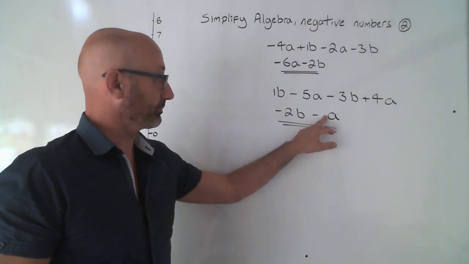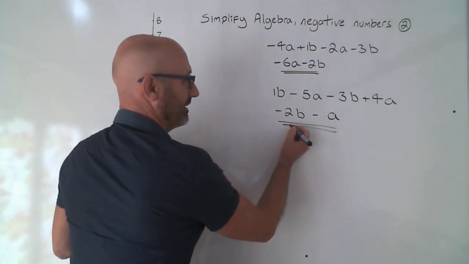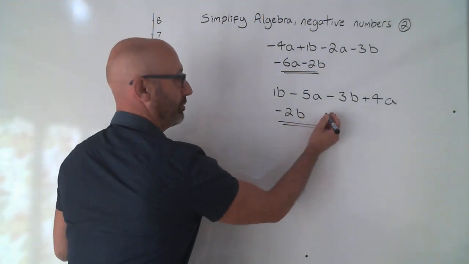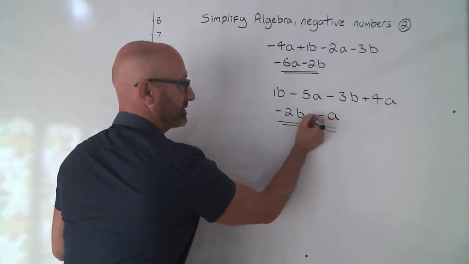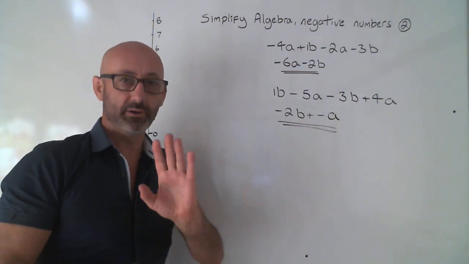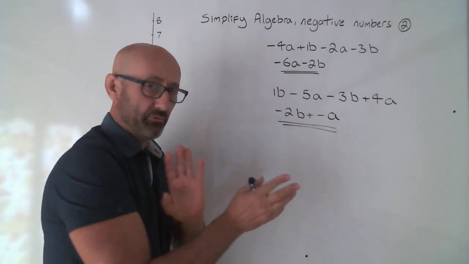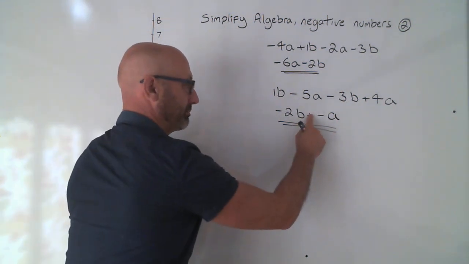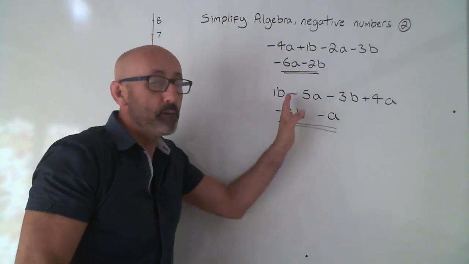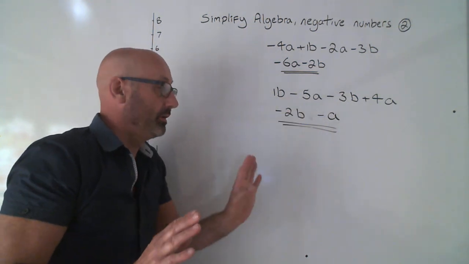The other thing that I see people do is put a plus minus a as part of their answer, and actually that isn't wrong, but you don't need the plus there. It is just minus 2b minus a, that is it, done.